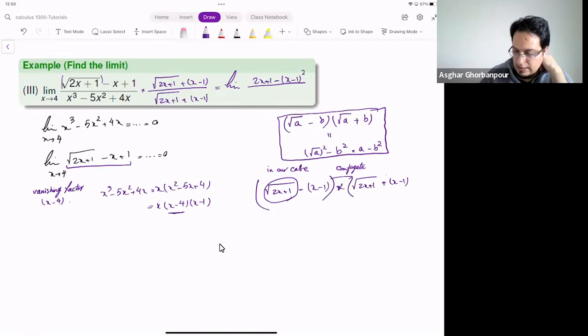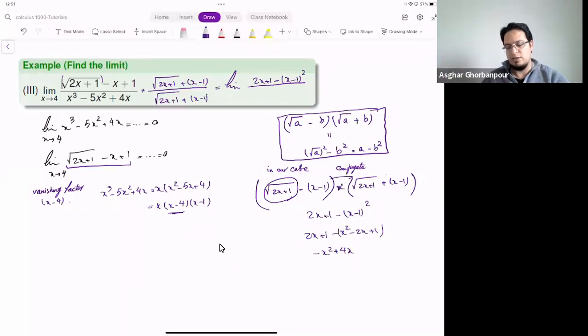So if you do this, you get 2x plus 1 minus x minus 1 squared, which is 2x plus 1 minus x squared minus 2x plus 1. And this is nothing but minus x squared plus 4x, and 1 minus 1 is 0.